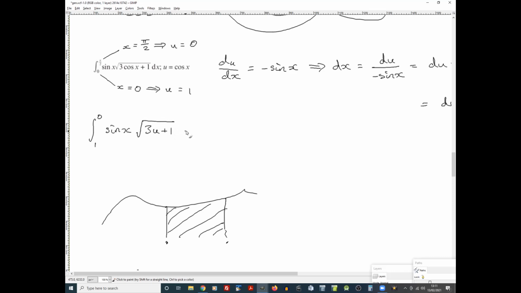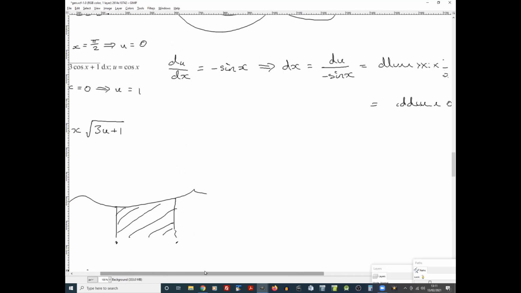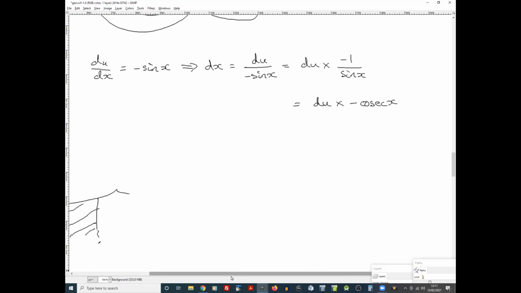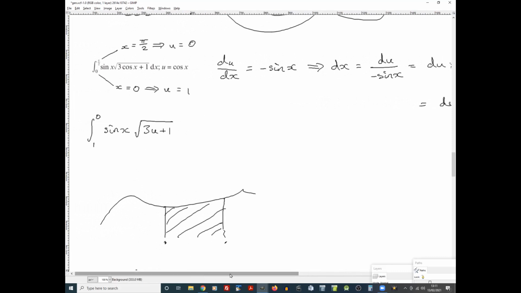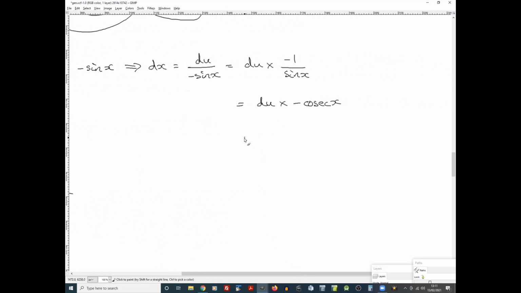And dx is going to become minus du over sine x. All right, but let's leave the du till last, if you don't mind. Let's write it as minus times minus cosec x du, and then we've got the du as a closing bracket.